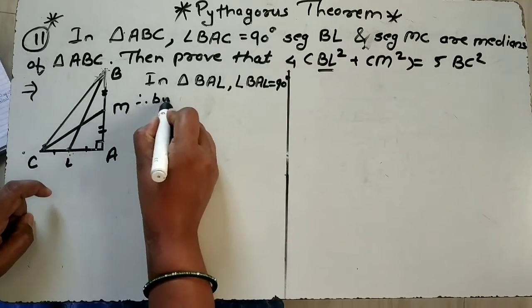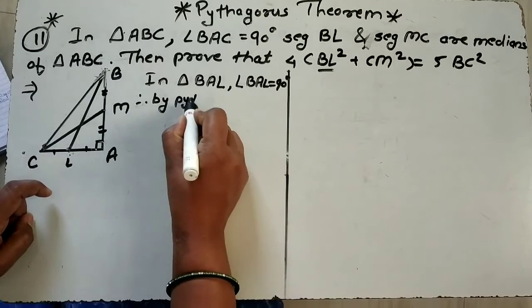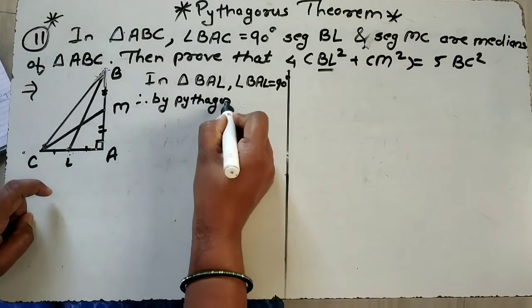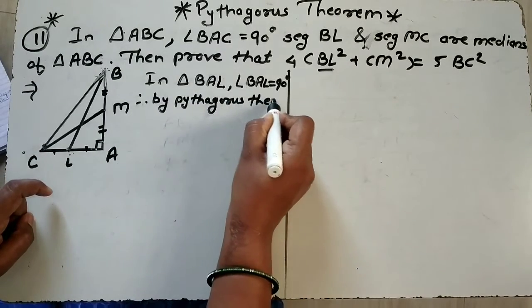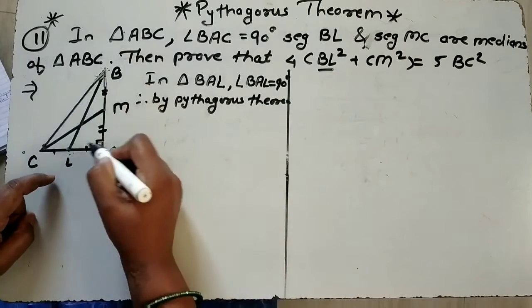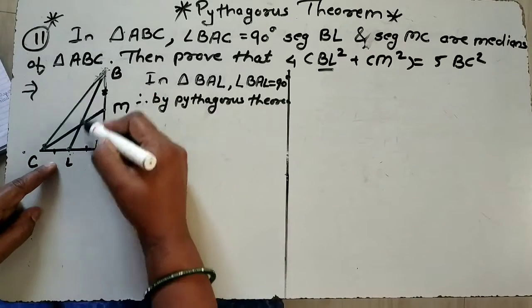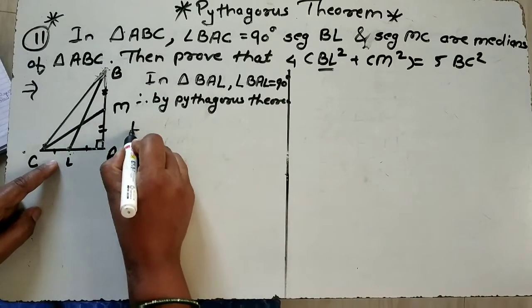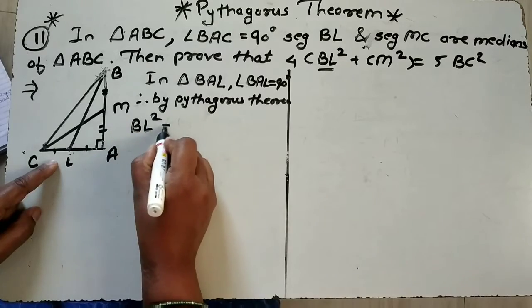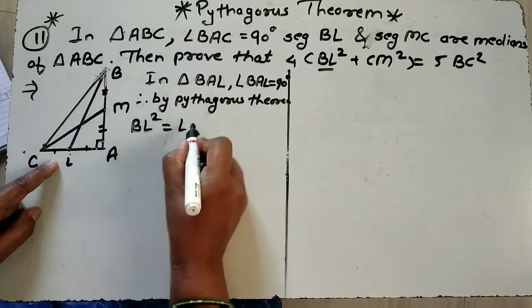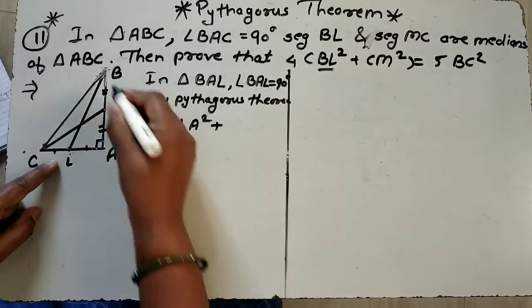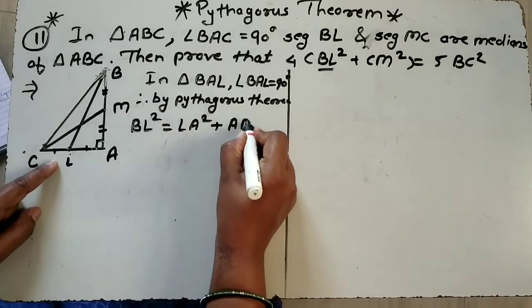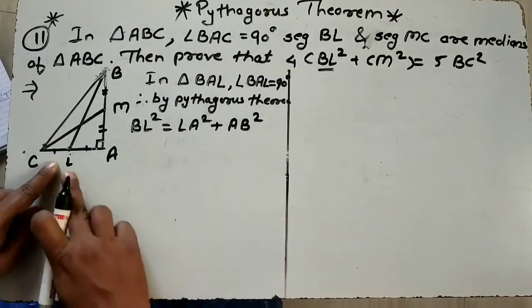Therefore, by Pythagoras theorem, in triangle BAL, BL square is equal to LA square plus AB square. That gives us the value of BL.